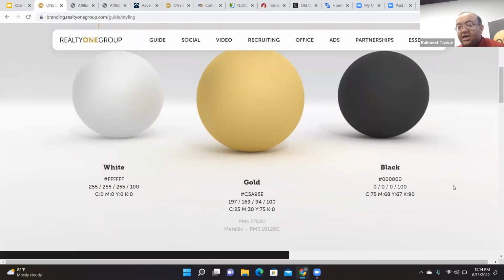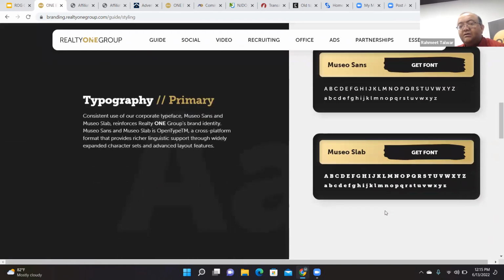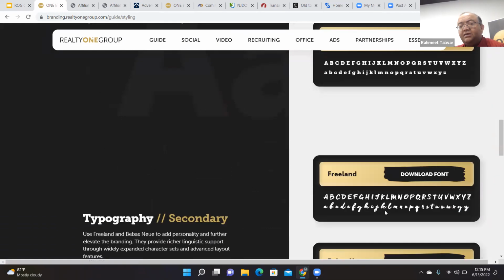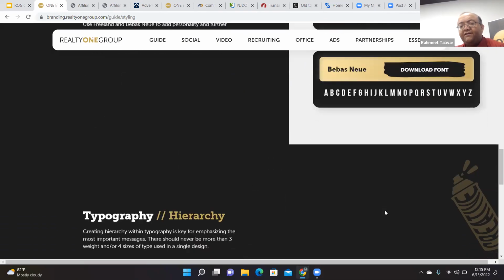Even the black is not your typical black. Use the color codes when you're on PowerPoint or whatever website you're on. And then you have the fonts as well, which can be downloaded and utilized on whatever you're doing.